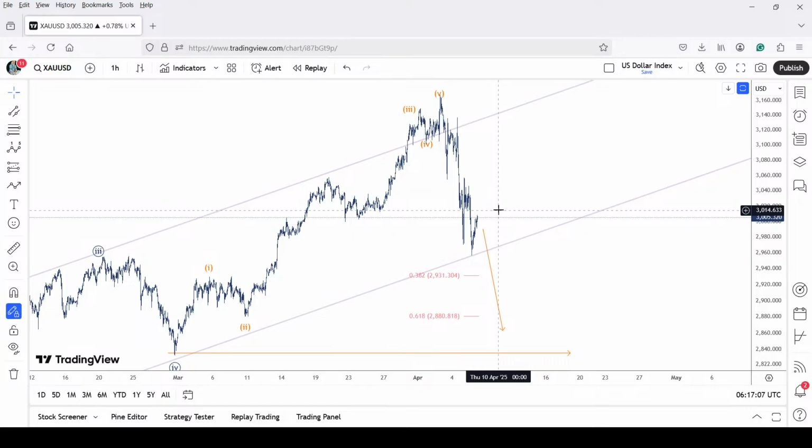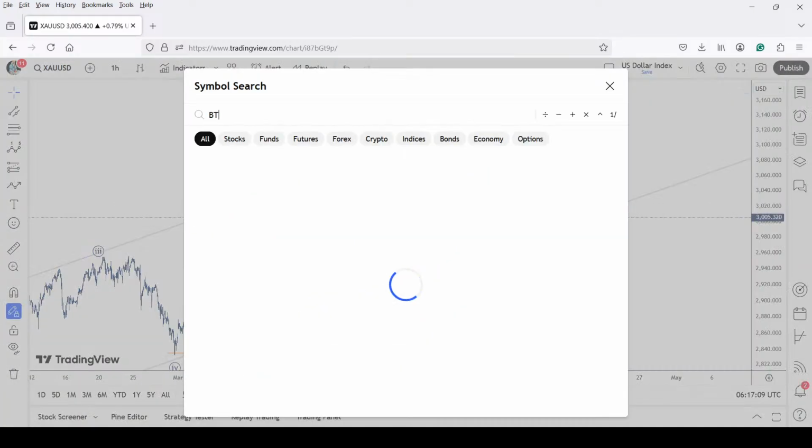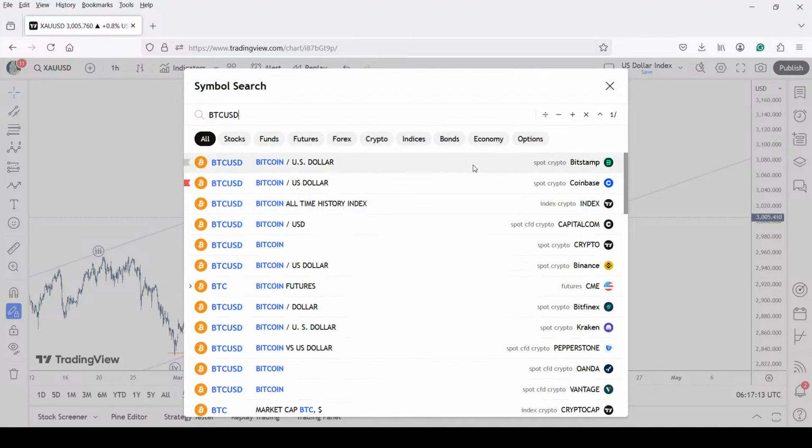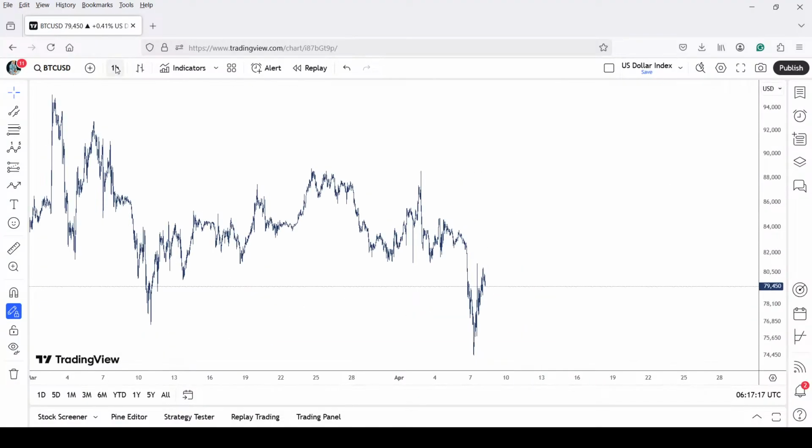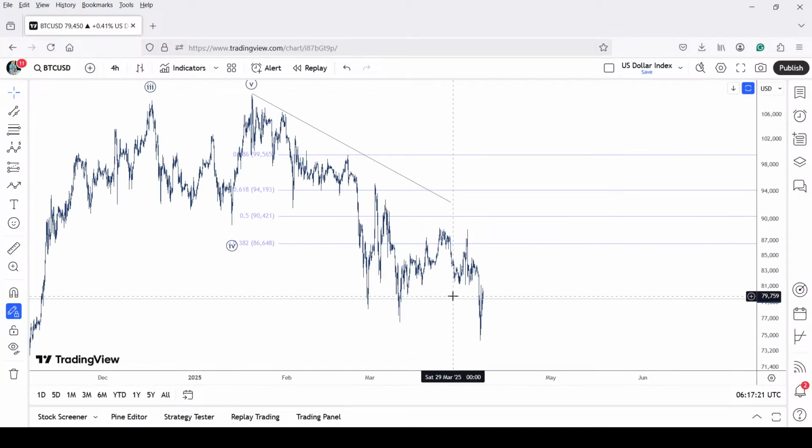All right, and again, the wait continues for Bitcoin. Let's bring up the 4-hour chart for Bitcoin, and there you are.